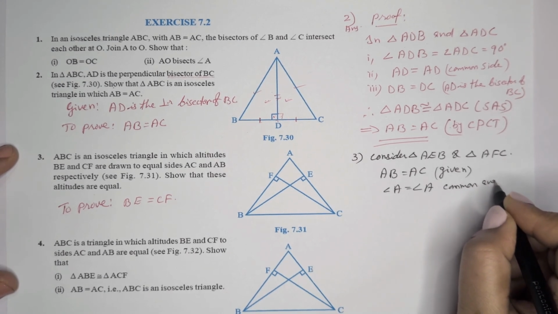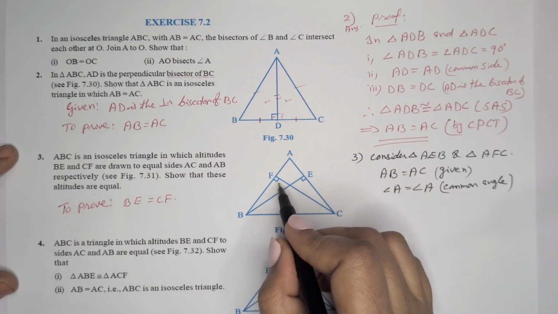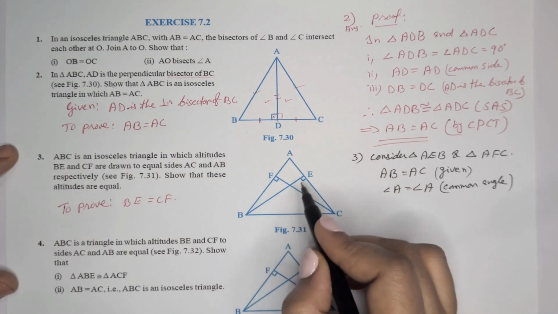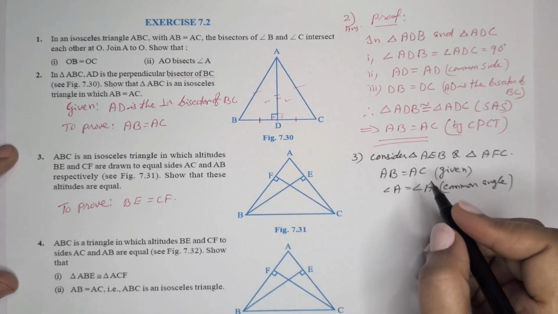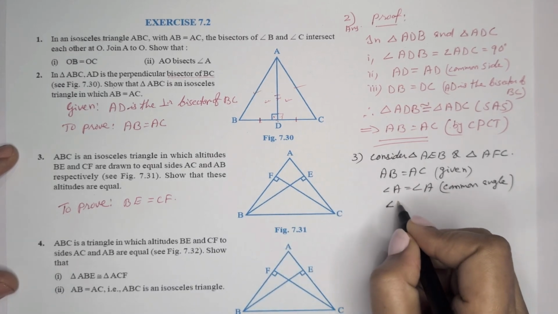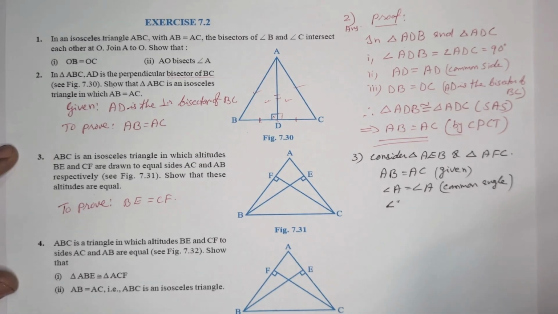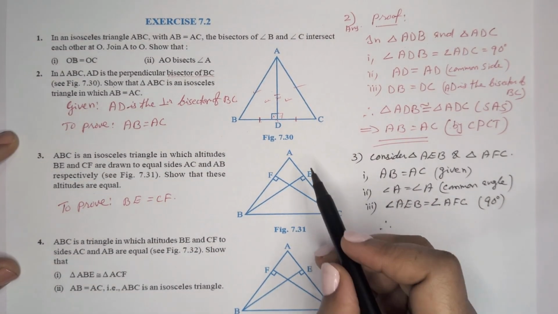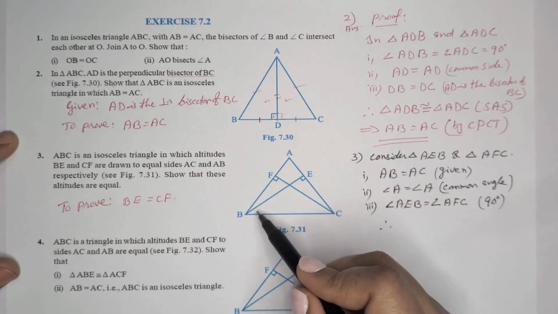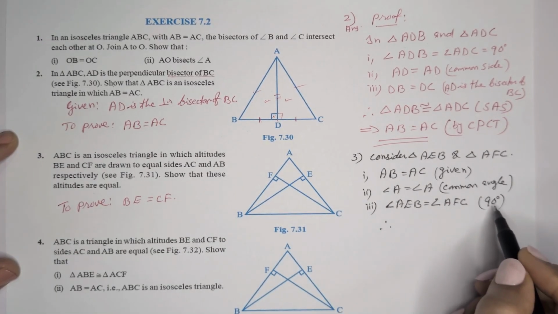Then one more condition, angle E is equal to angle F. You can write in three-letter form: angle AEB is equal to angle AFC, which is 90 degrees, it's given.